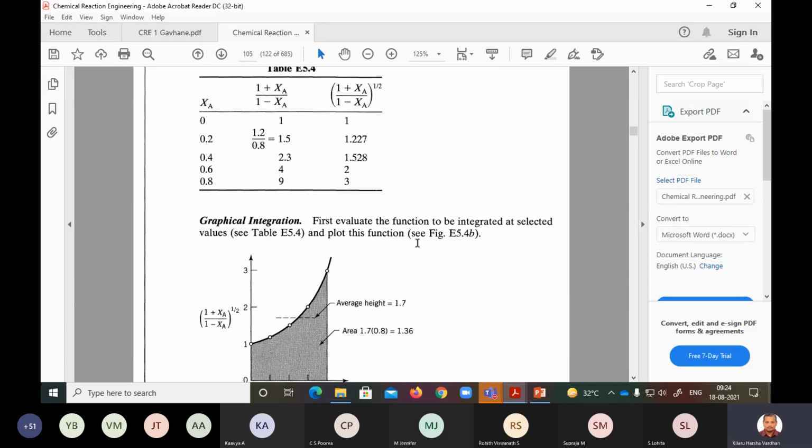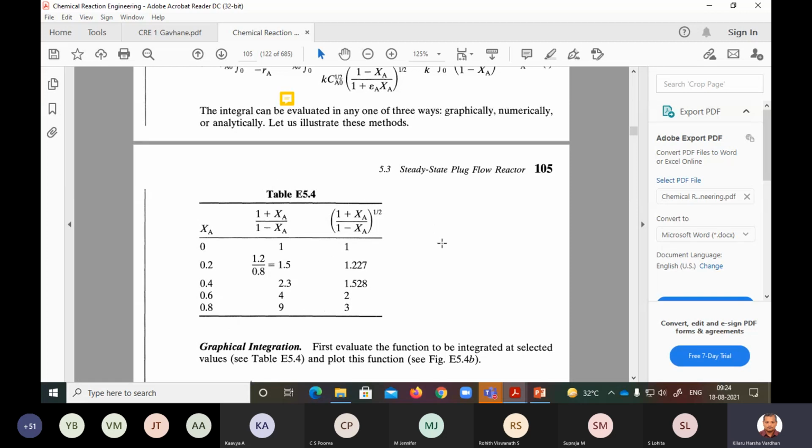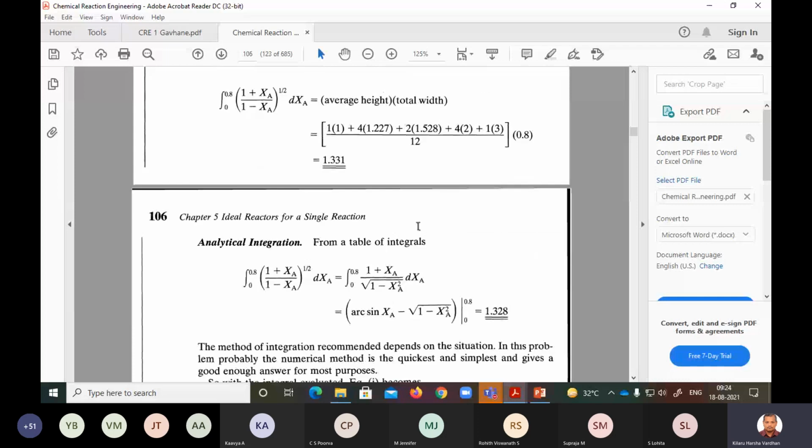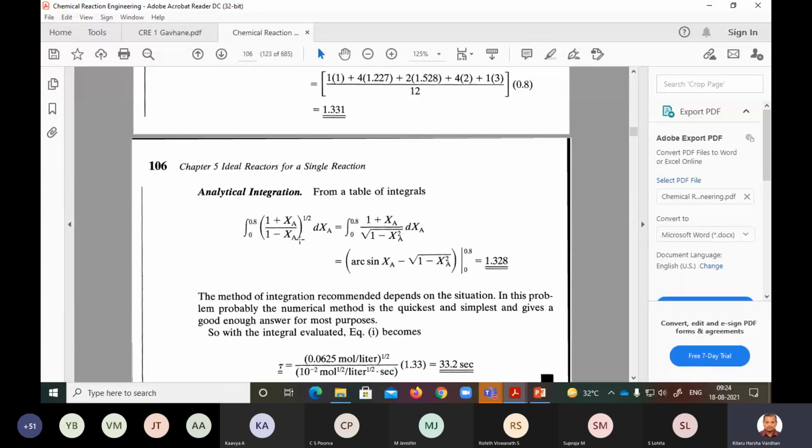So any method you can do, either analytically or numerically or graphically. If it is an analytical solution, you try to find the solution for this by using calculus. If you integrate it, you get this particular thing, arc sine XA. Then the value of it is 1.13.